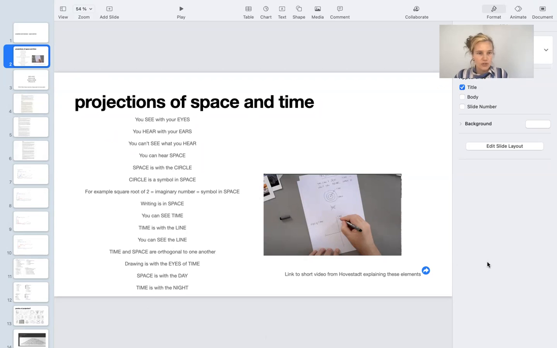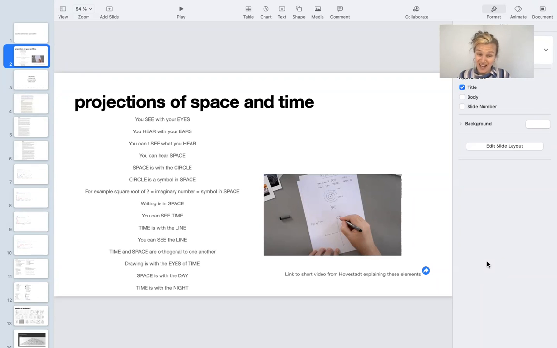You see with your eyes, you hear with your ears, you can't see what you hear. You can hear space. Space is with the circle. Circle is a symbol in space. For example, the square root of 2, imaginary number, symbol in space. Writing is in space.